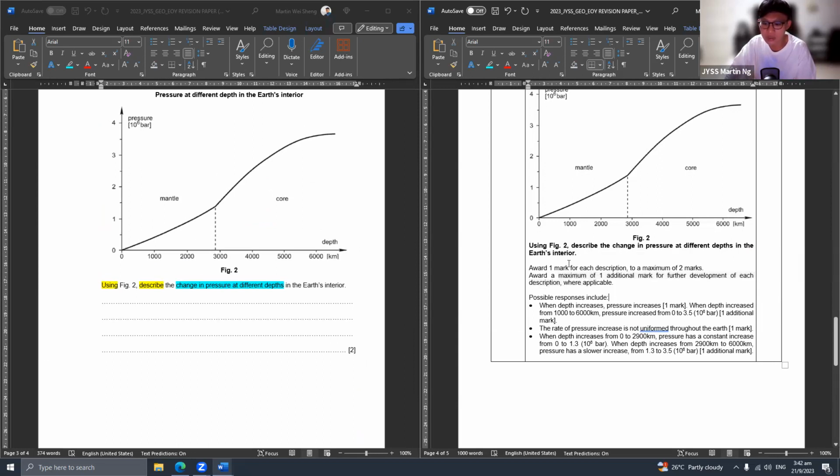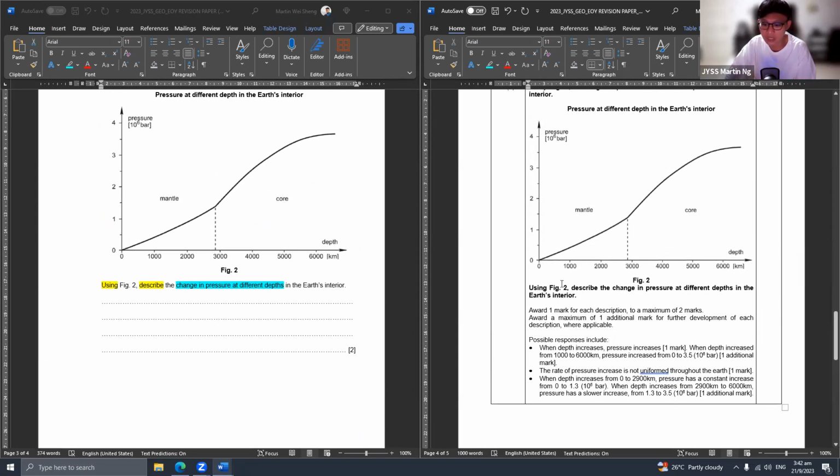So when I look at this graph, what can I observe? As the depth increases, meaning as my depth goes from 0 all the way to 6,000 km, I notice that the line goes up, and this line represents the pressure. So as the depth increases, the pressure also increases, from 0 to 3.5 bars.